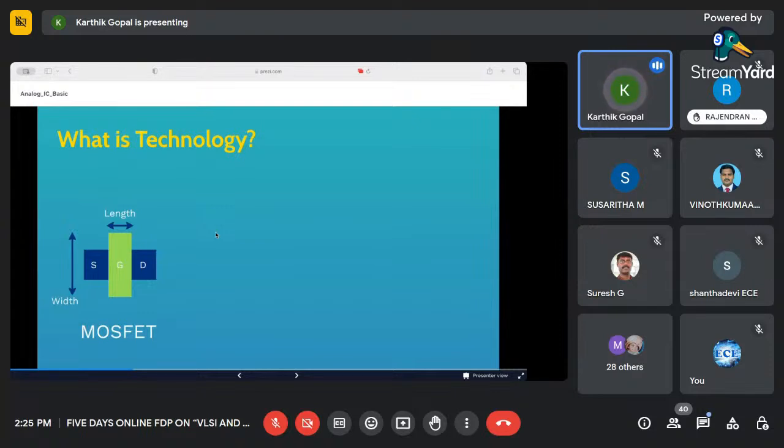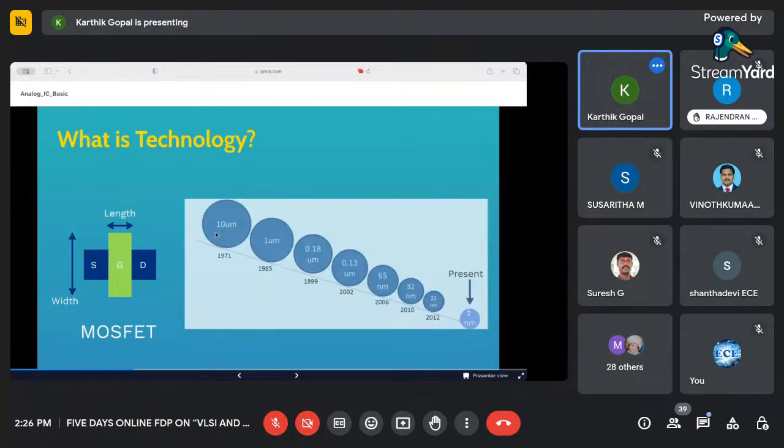It has two parameters to play with: one is width and one is length. Length is the length of the gate, and width is the width of the gate. This is where we start playing around. What technology means is we play around with the length of the device. In 1971, when the MOSFET was introduced, the length of the gate was 10 micrometers.